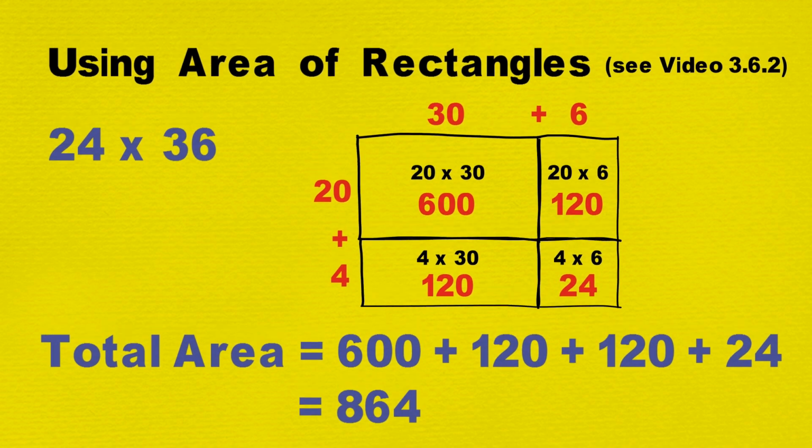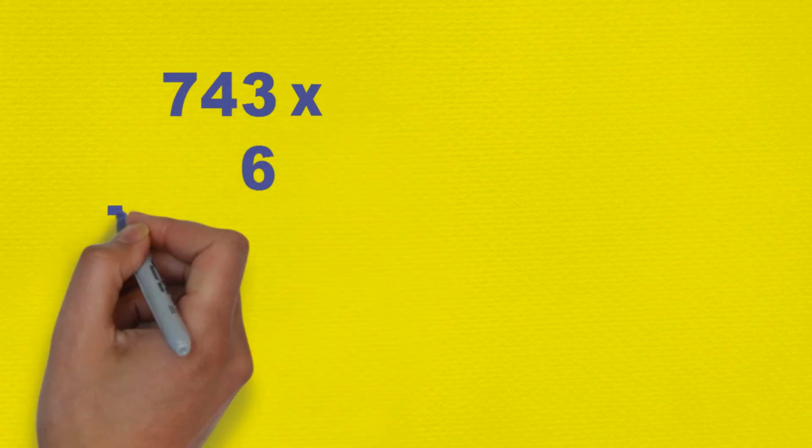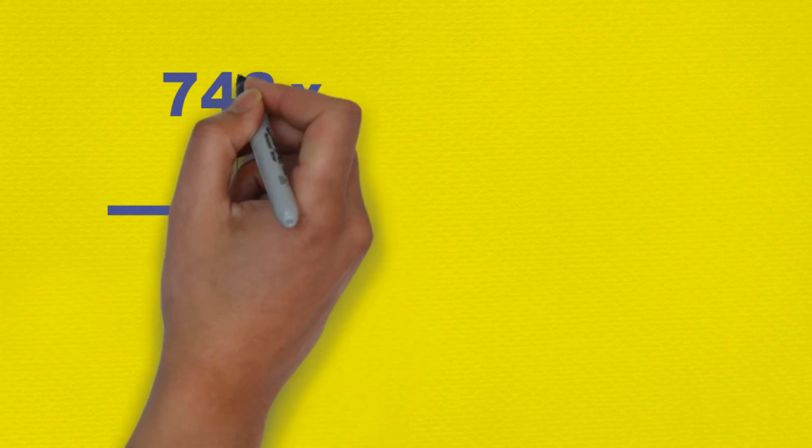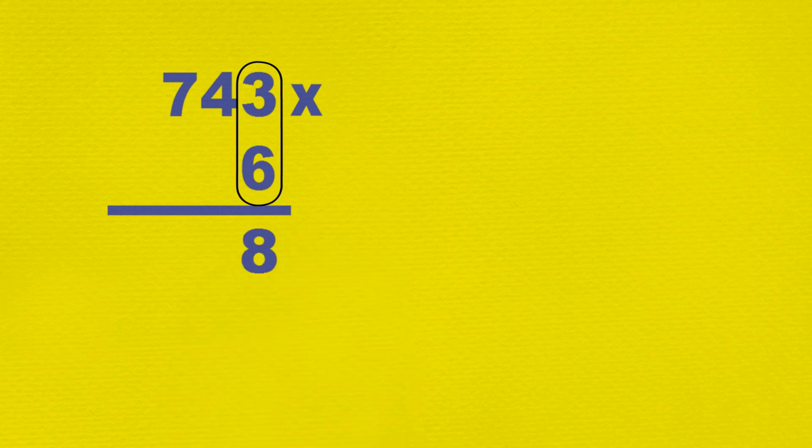Another way to multiply is to set out the multiplication like this, using the 743 times 6 example again. Starting with the units position, 6 times 3 equals 18. From this 18, the 8 goes underneath the line in the units position, and the 1 gets added to the tens position. So then, multiplying the tens, 6 times 4 equals 24, plus the extra 1 equals 25.